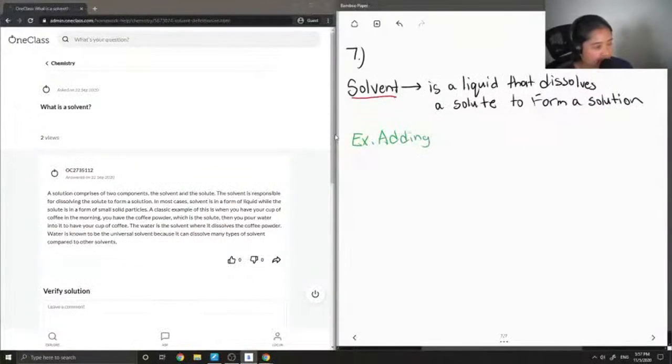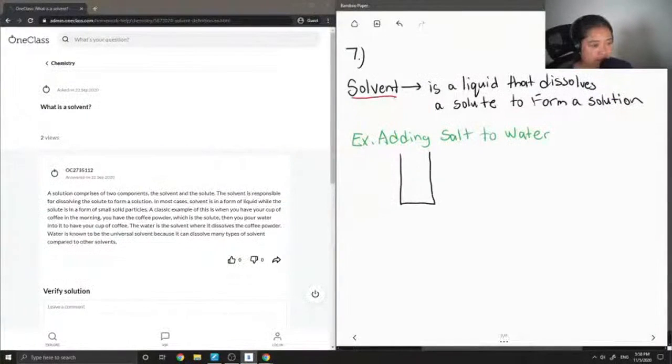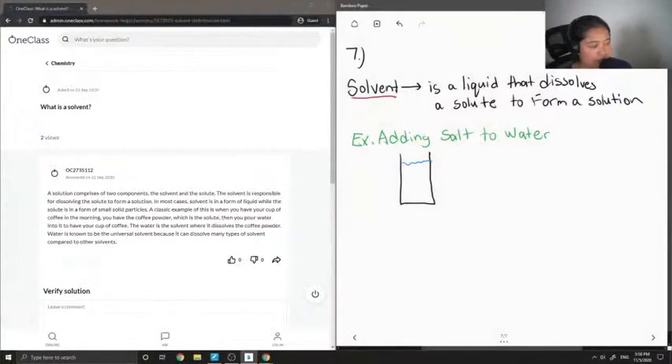But basically, let's say we're adding salt to water. I'll draw out a cup. Now let's make it light blue for this water. And then I'll just draw salt particles.